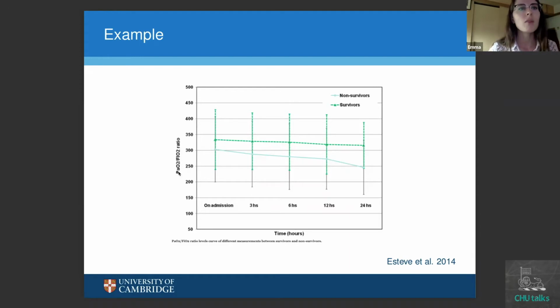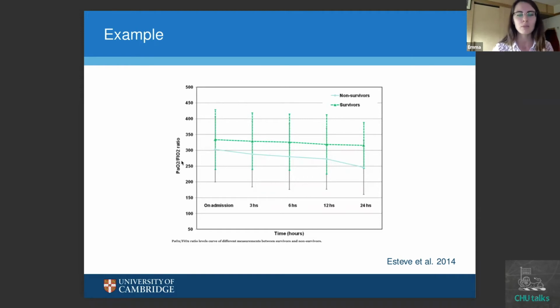So the blood oxygen level might tell us how well oxygenated is the patient, and this can indicate how the lungs are doing. So sometimes if the lungs are failing, that will tend to decrease. But sometimes the blood oxygen could be high just because the patient is breathing in a lot of oxygen. So it is more helpful if it's normalized for the amount of oxygen that they're breathing in.